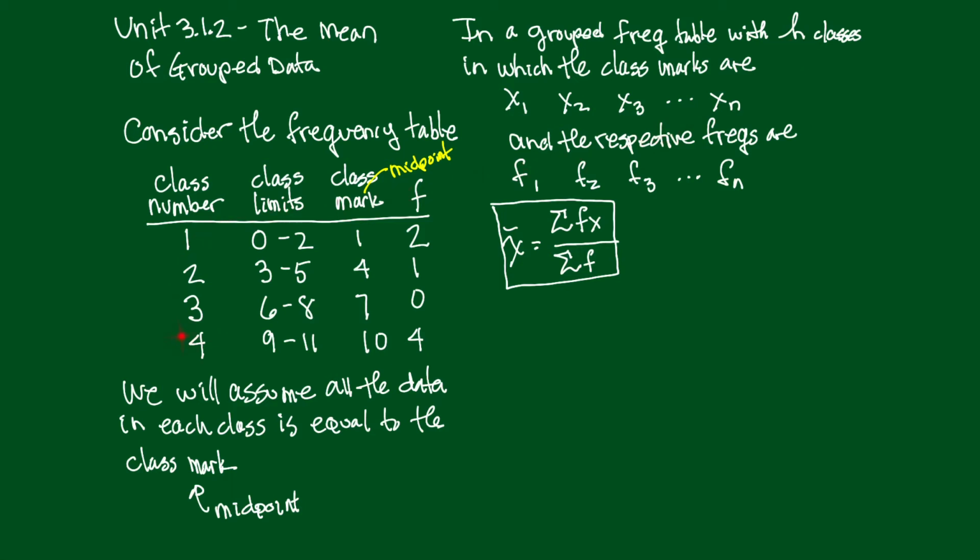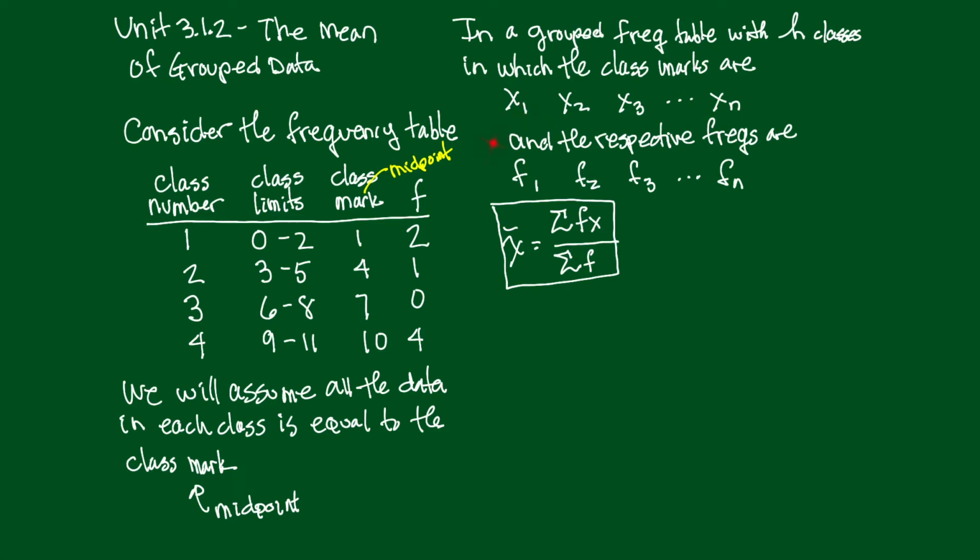We've got 4 classes. So H is just a designation for the number of classes that we have. I'm going to use some letter for it, so I picked H.